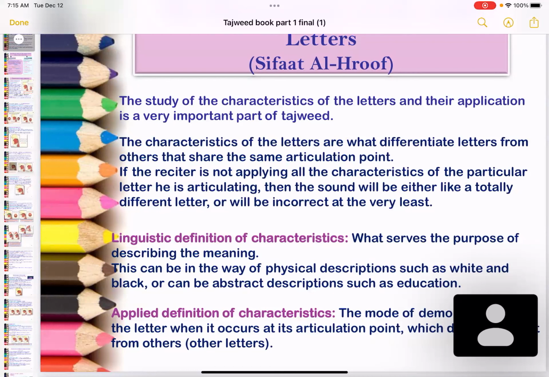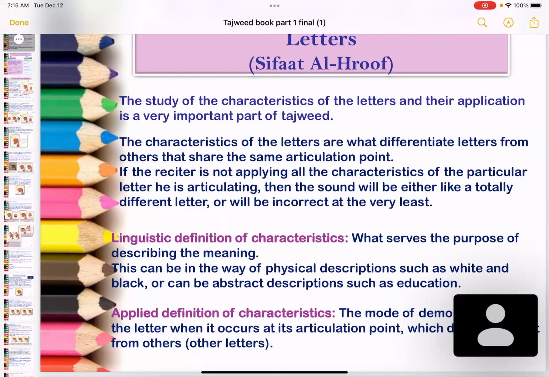If the reciter is not applying all the characteristics of the particular letter he's articulating, then the sound will be either like a totally different letter or will be incorrect at the very least.